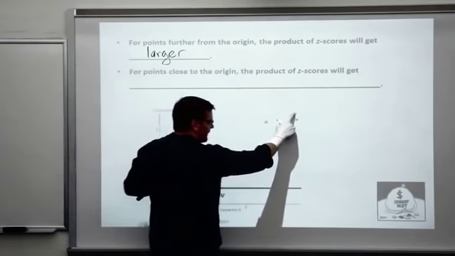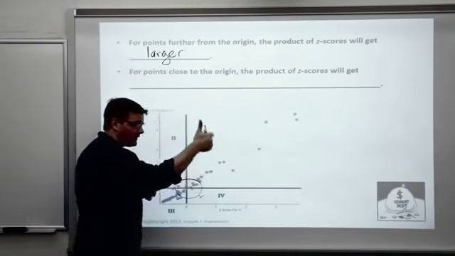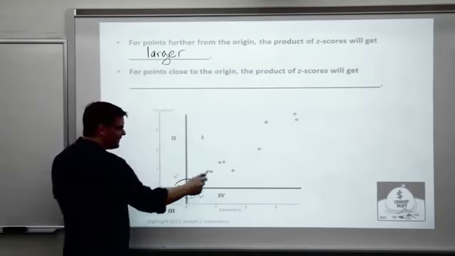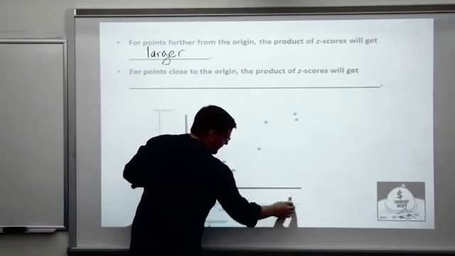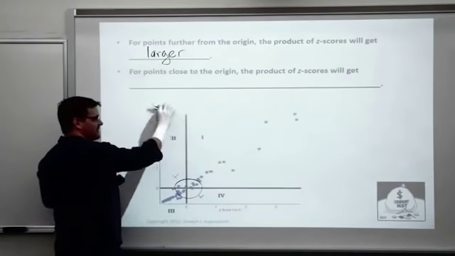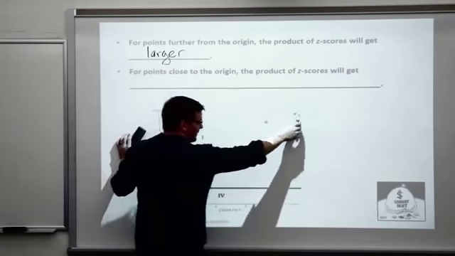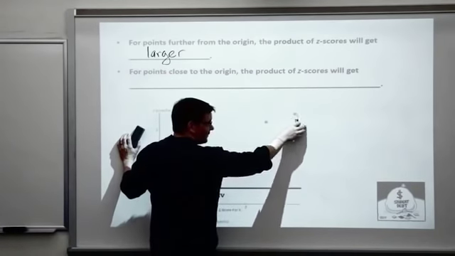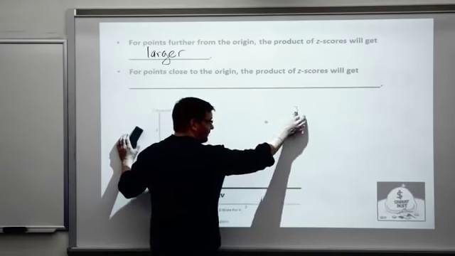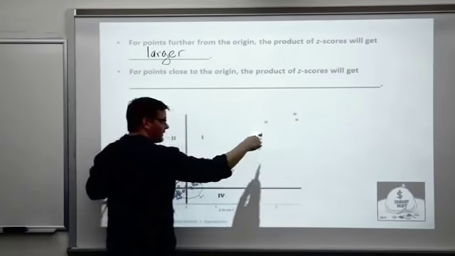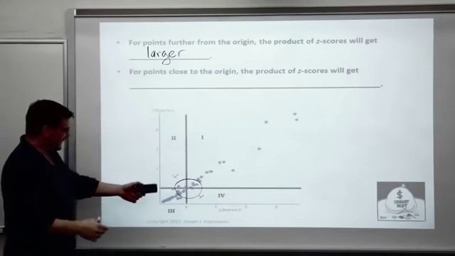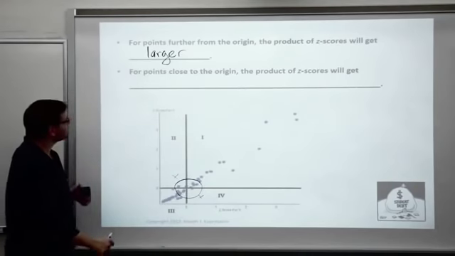It's the ones out here that will really inflate the correlation and make it a large positive. This z-score is bigger than 3 times another number bigger than 3. Multiply together, you're going to get 9 point something, 10 point something. So these outliers will really control the correlation, and these will have very little impact.